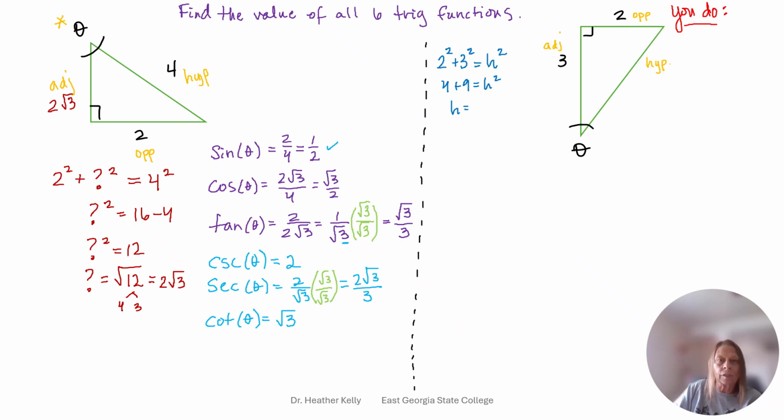So h is equal to the square root of 13. Okay, so let's find all of the things. So our sine of theta is equal to the opposite over the hypotenuse. So 2 over the square root of 13.